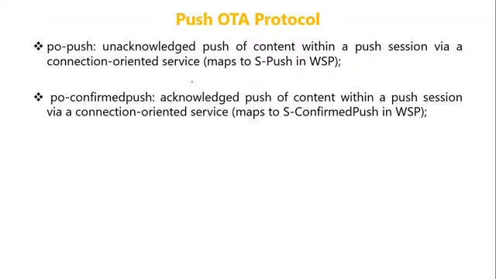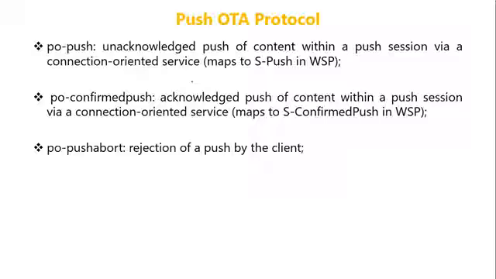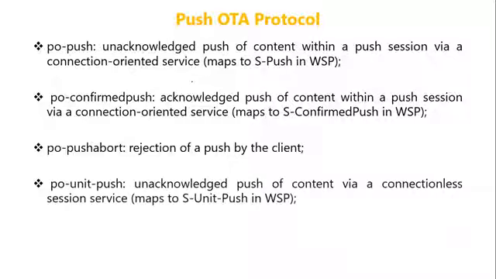PO push abort represents rejection of a push by the client. If the client rejects the push message, then that is represented through PO push abort. And PO unit push represents unacknowledged push of content via a connectionless session.